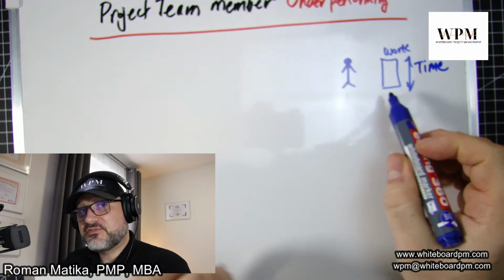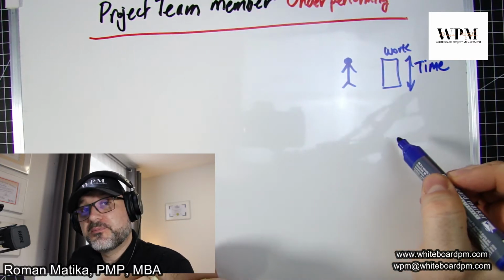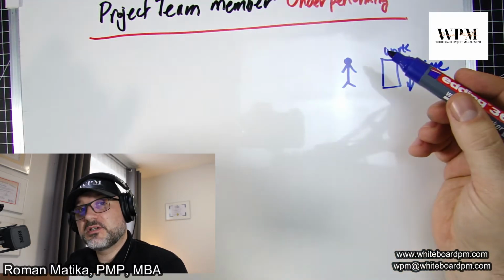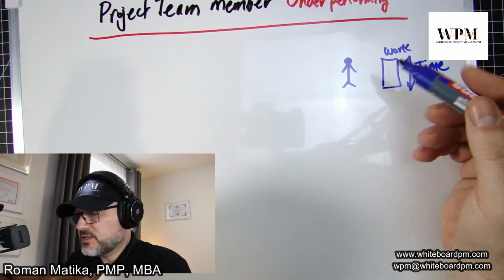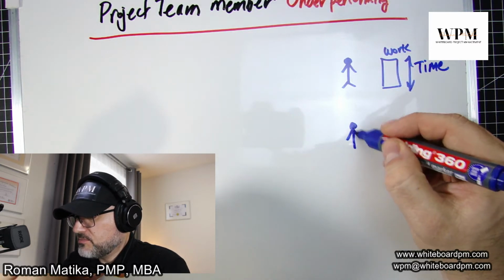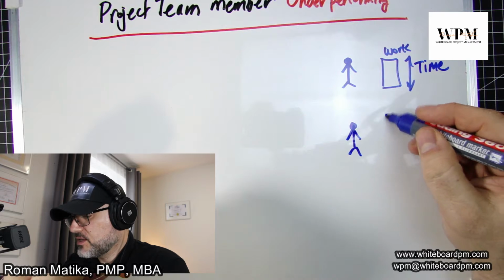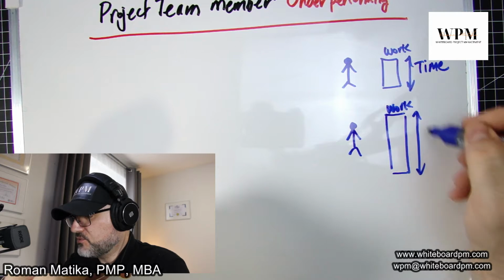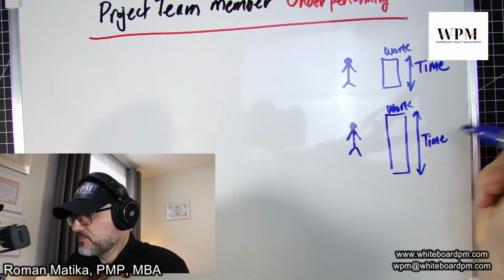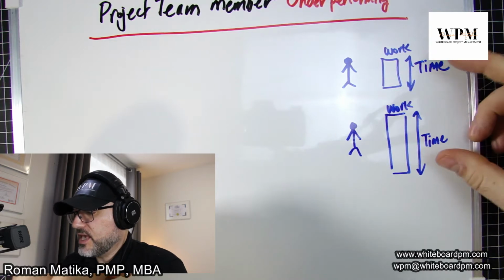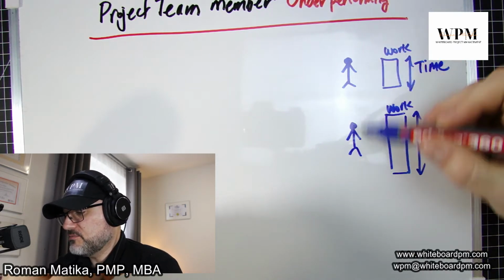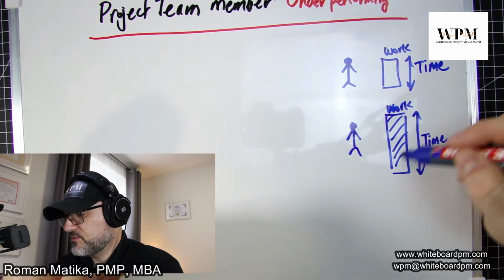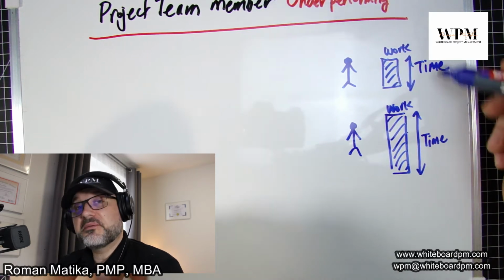Each person has a different level of work because they are different in knowledge and different in experience. So you could have two team members working in the same position, performing different quantities of work in the same time.